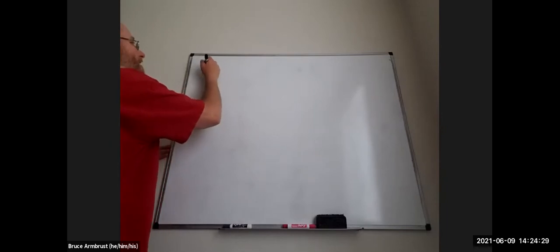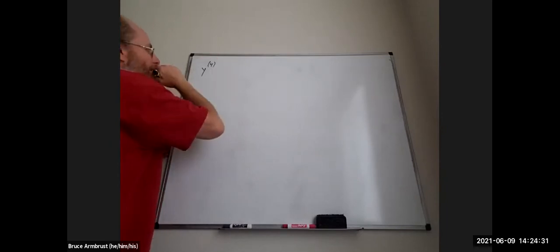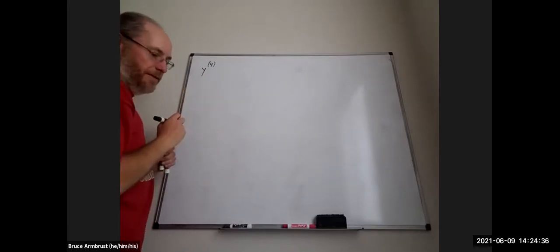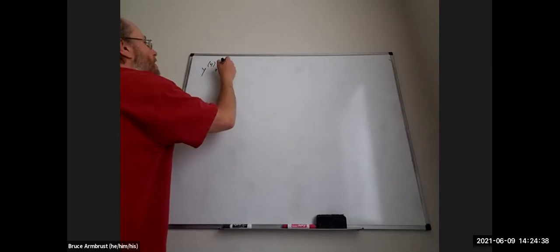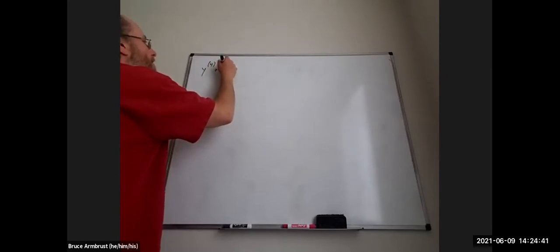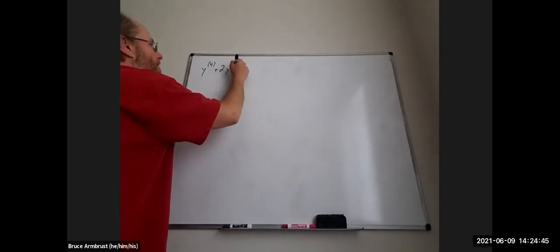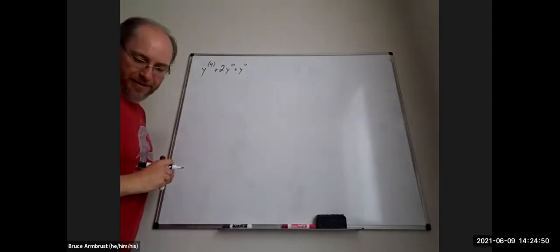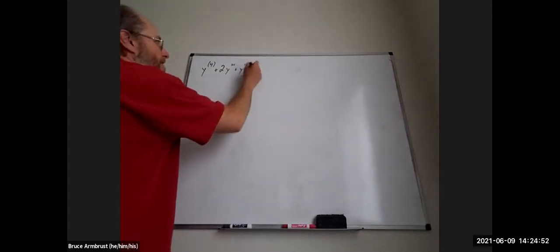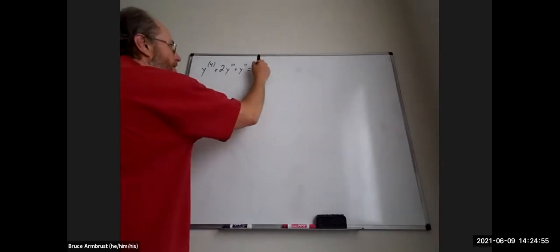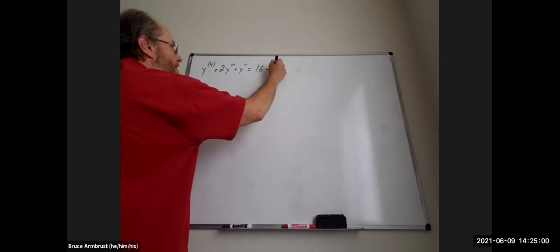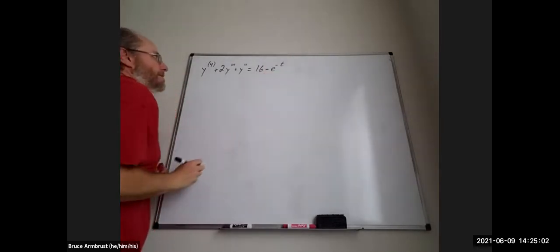Let's say we've got the fourth derivative plus 2 times the third derivative plus the second derivative, and this is going to equal 16 minus e to the minus t.